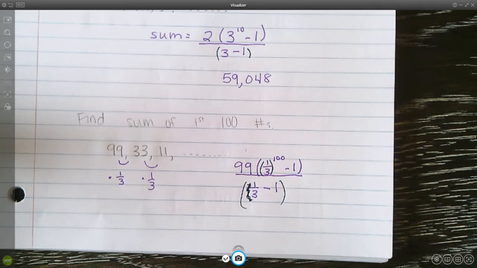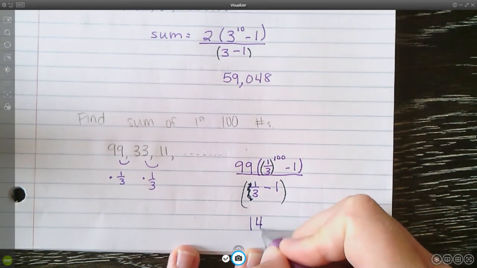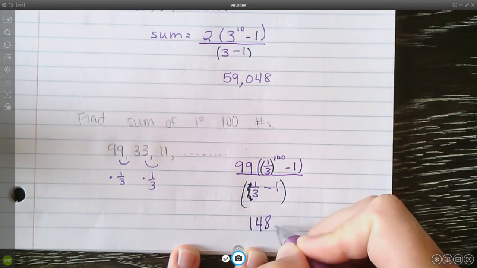So 1/3 to the power of 100 minus 1. You should get 148.5.